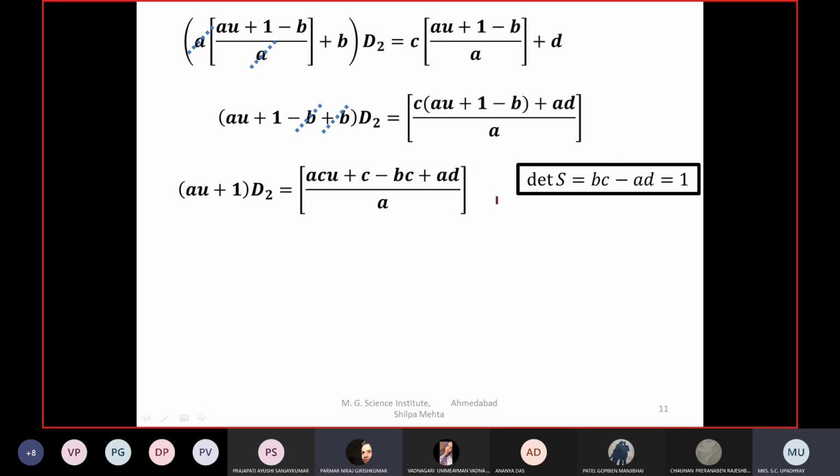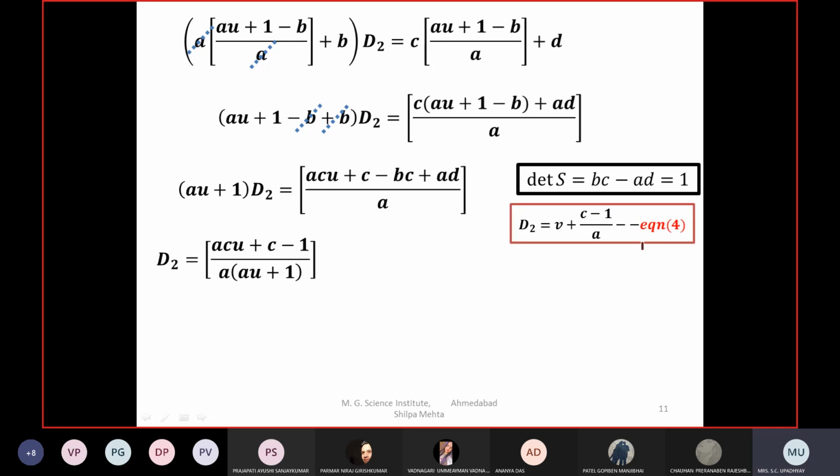So d2 is equal to acu plus c, and then minus 1, since minus bc plus ad is replaced by minus 1, and au plus 1 is in the denominator.